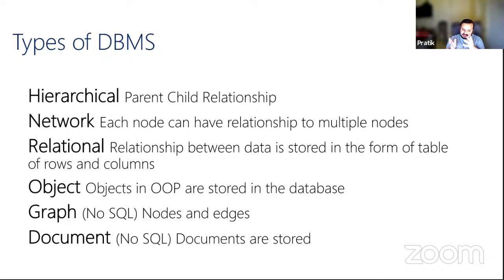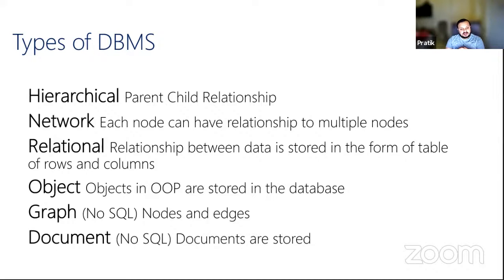It is still in use in places like Gemstone and Tornado. These are some of the object databases which are still in use. But it is not as popular as the relational database because of database redundancy and everything, which the relational database does a brilliant job of handling. So that's why object databases are not that popular, but they are still relevant. There are applications which are built on object databases.